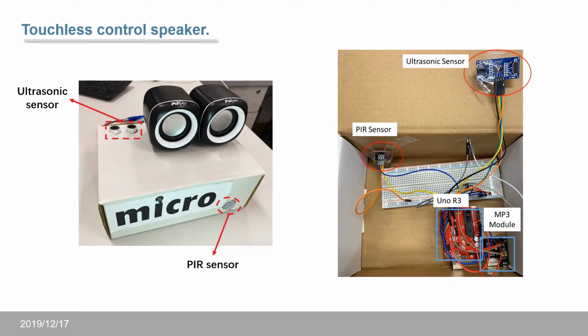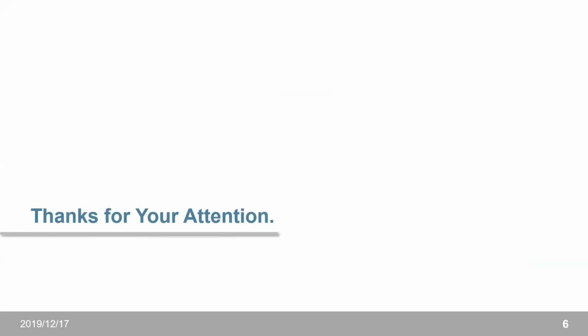And we add an extended MP3 module to control all the songs. It has a micro SD card to store all the MP3 files, and it is connected to the speaker. All right, that's all I want to share today. Thank you.